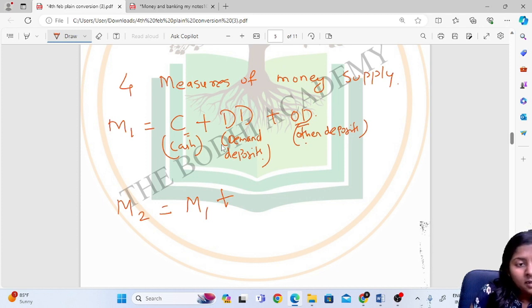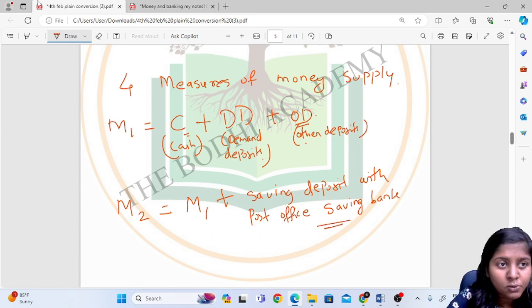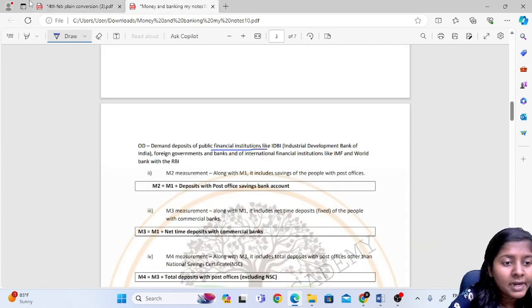M2 also includes savings deposits with the post office savings bank. So whatever the income we have with regards to post office savings bank, that is included in M2.